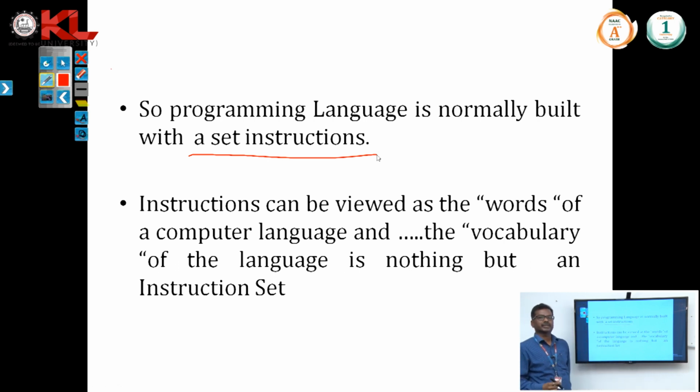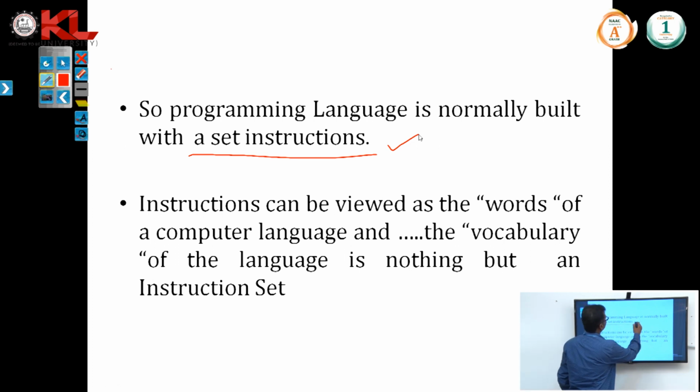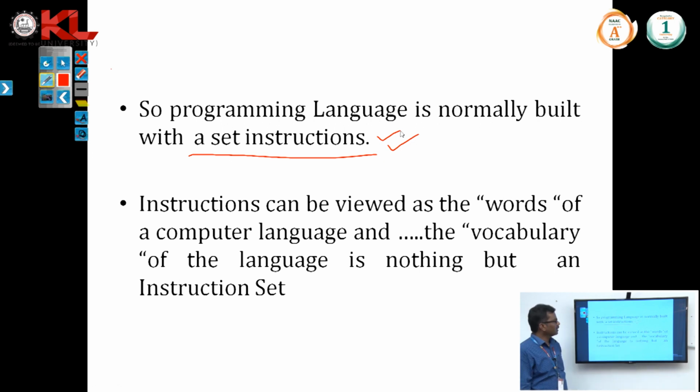Just like a human language, whether verbal or non-verbal, is made up of various letters, alphabets, and of course other grammar, programming languages are made with a special kind of grammar called instructions.